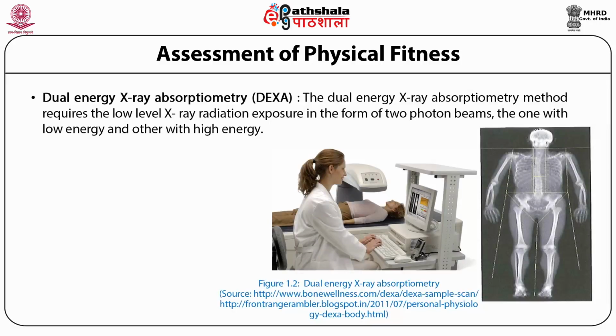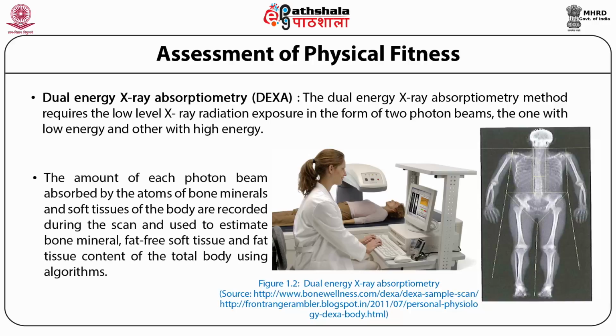The dual energy X-ray absorptiometry method requires low-level X-ray radiation exposure in the form of two photon beams, one with low energy and the other with high energy. It is based on the differential transmission of the energy beam, which relates to the thickness, density and chemical composition of bone, lean tissue and fat as it passes through the body.